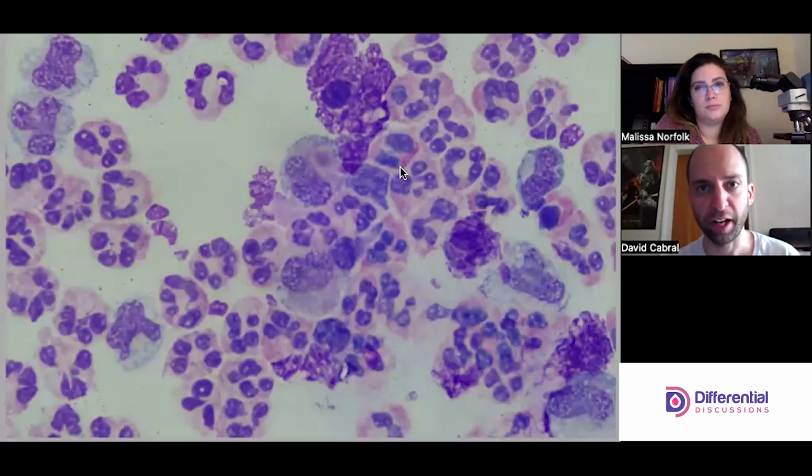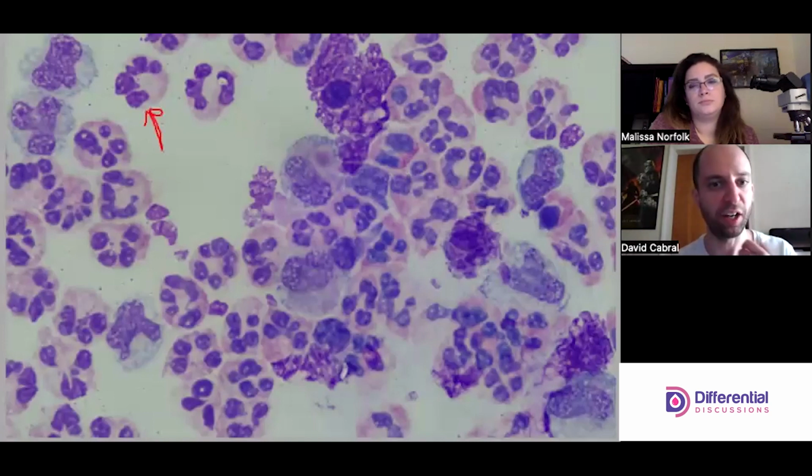So I'm grabbing my annotation tools here. We have a couple of morphologies that stand out to me. We have a lot of neutrophils, right? They're making themselves easy in that they have those lobes, those segments. Beautiful neutrophils.